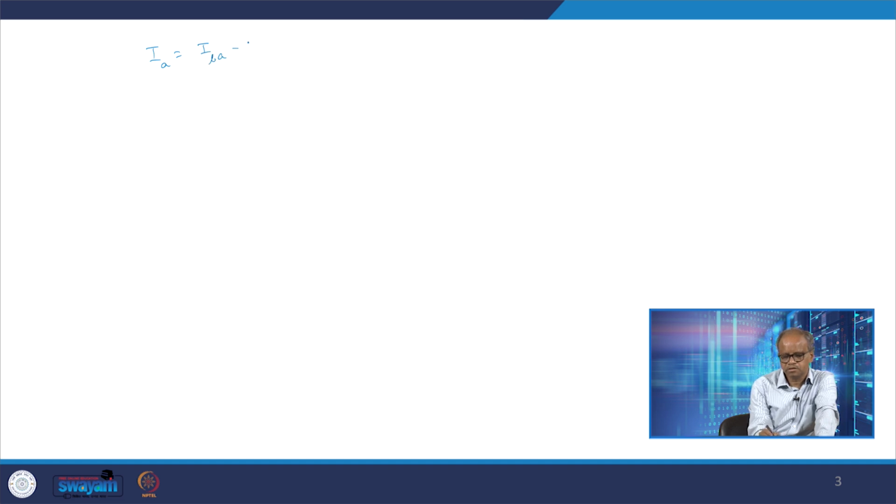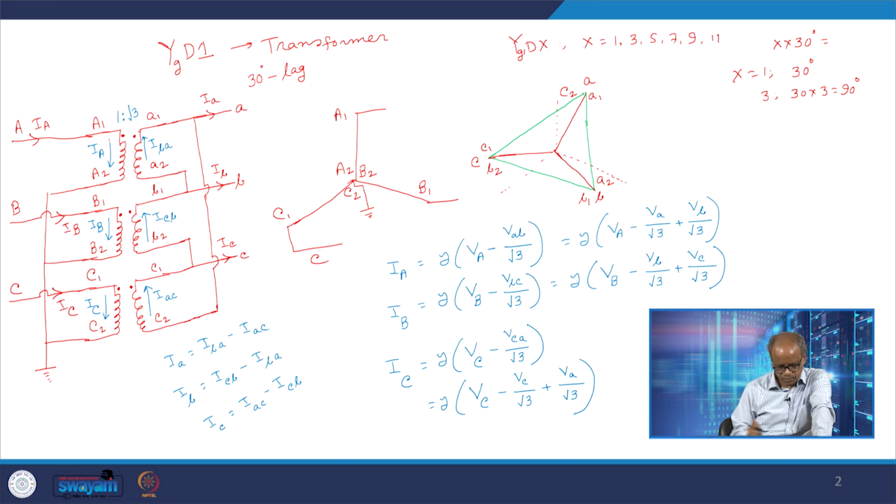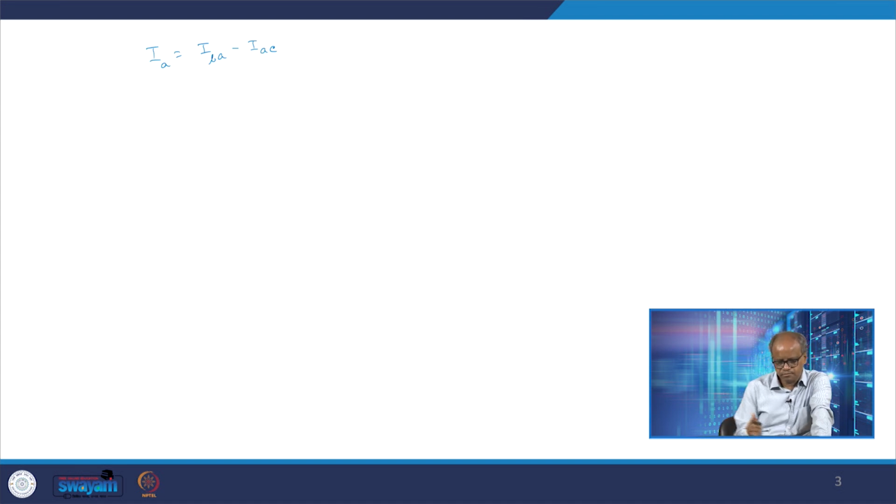Now if we look at this connection, IBA is in phase with IA and IAC is in phase with IC, and because of this ratio 1 is to root 3, I can say that IBA would be IA by root 3 and IAC would be IC by root 3.